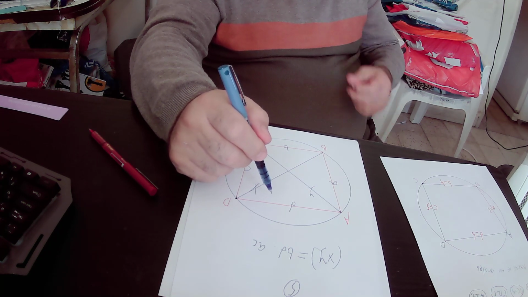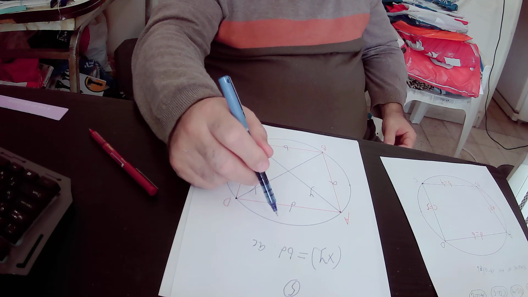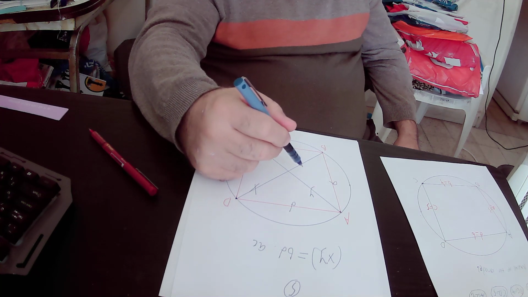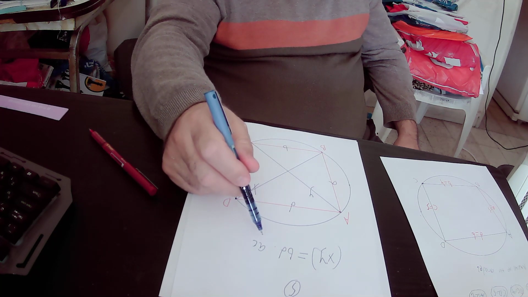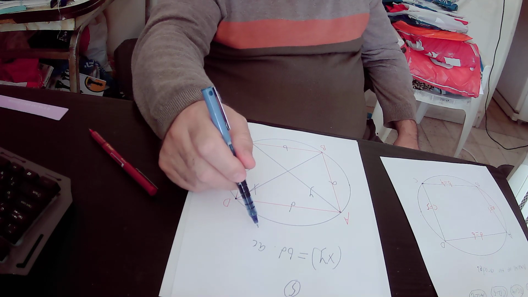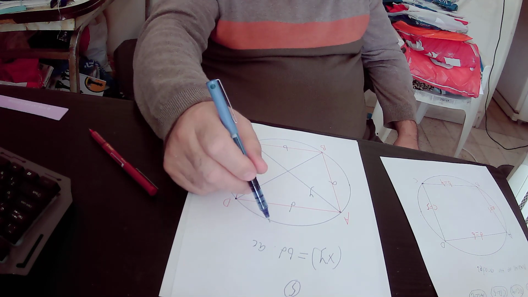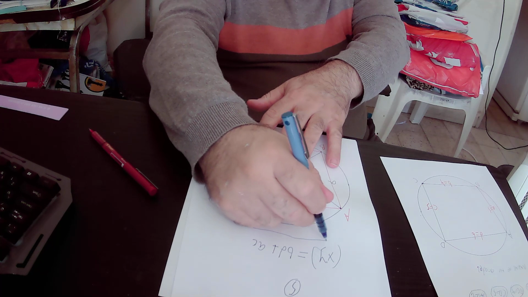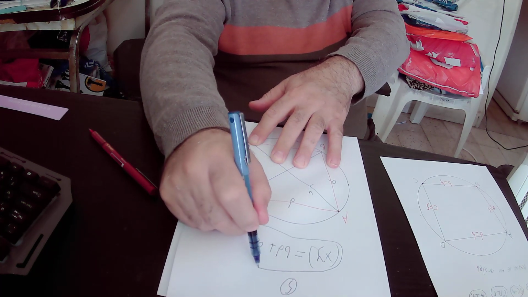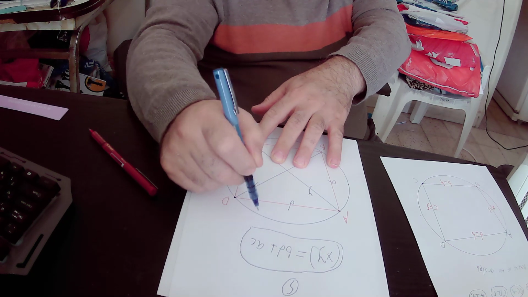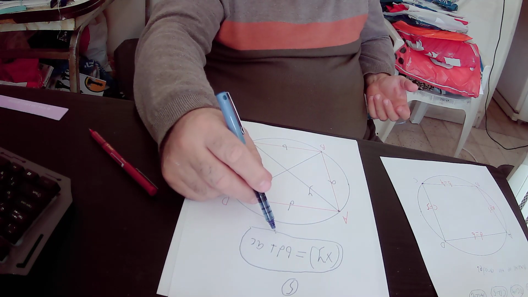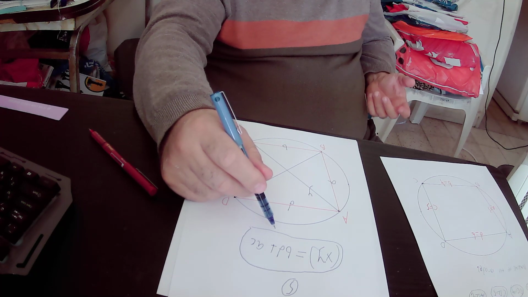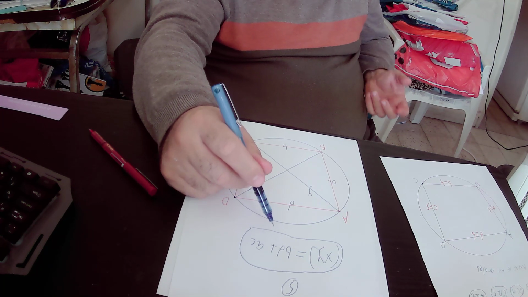The first product of its opposite sides is BD, and the second product of its opposite sides is AC, and the sum of the products of its opposite sides is BD plus AC.